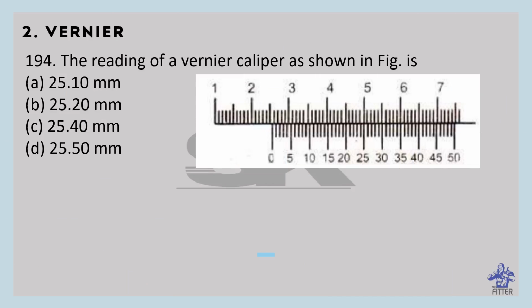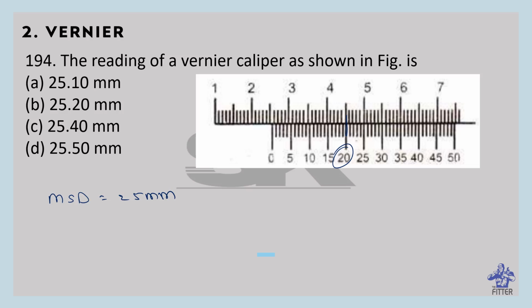The reading of a vernier caliper as shown in the figures. Here all options are 25, so main scale division is 25 mm. And here if you observe around 20, it coincides, right? So 20 divisions of vernier scale coincide with the main scale.